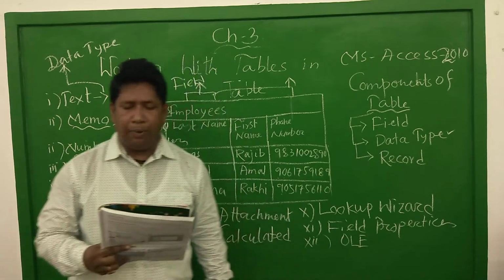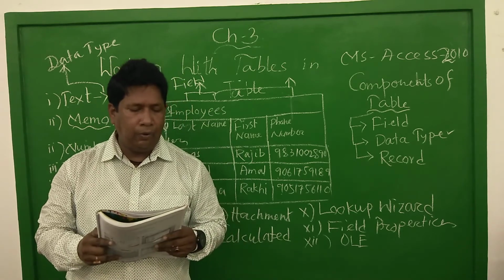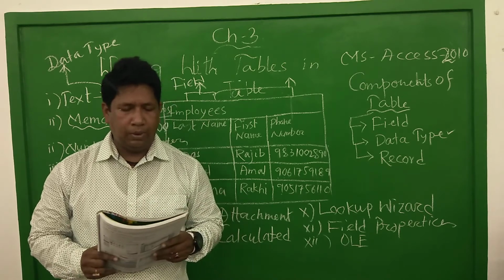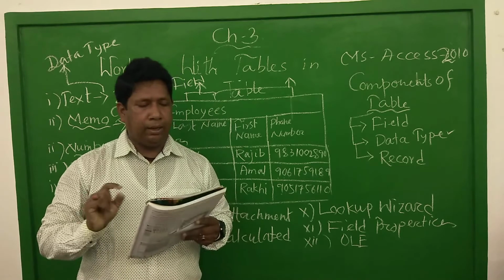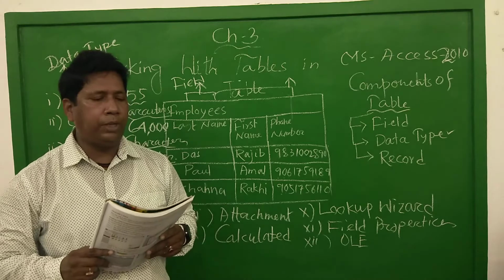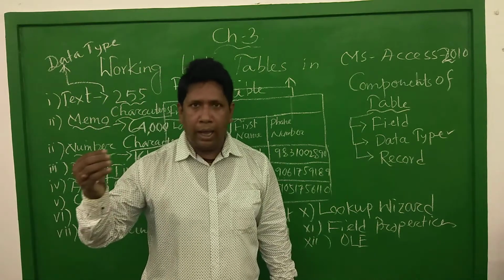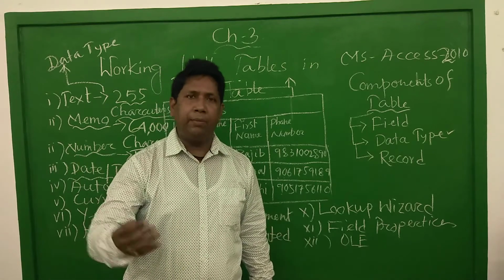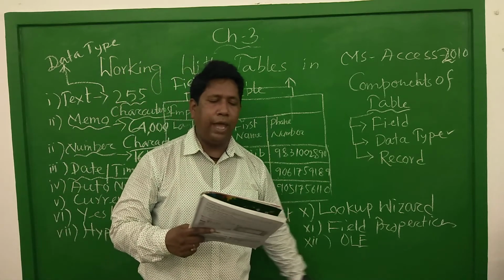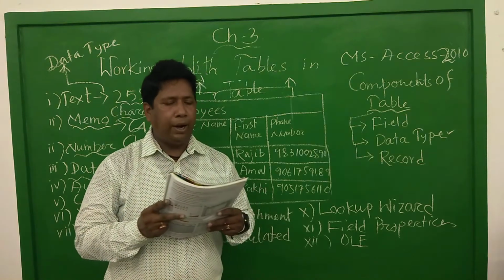A lookup wizard helps us create a field whose values are chosen from the values in another table, query or list of values. If you want to choose from another table and add the same data in another field, we go with lookup wizard. Field properties: after you have created a field and data type, you can set additional field properties.